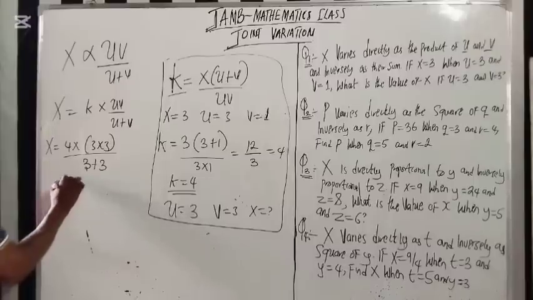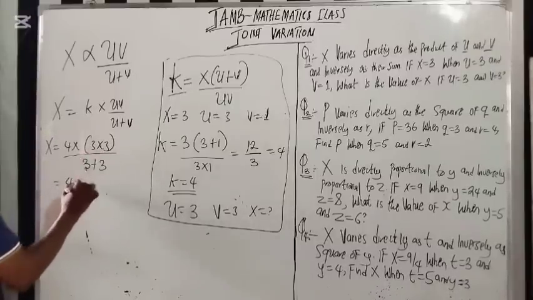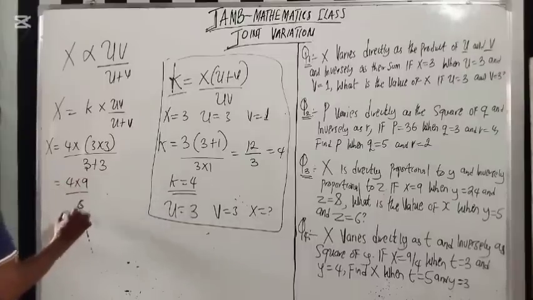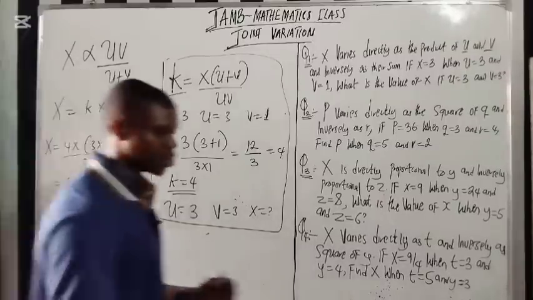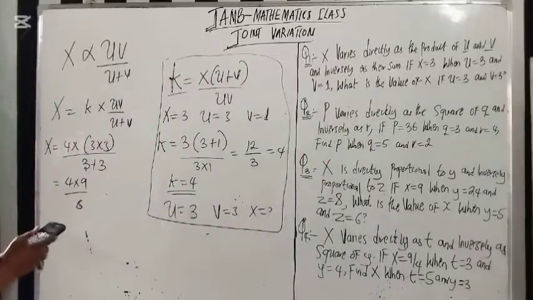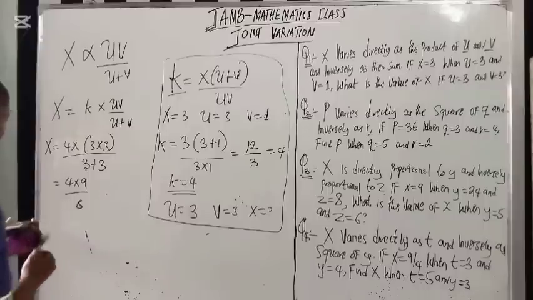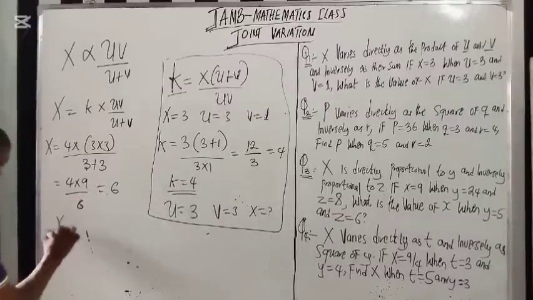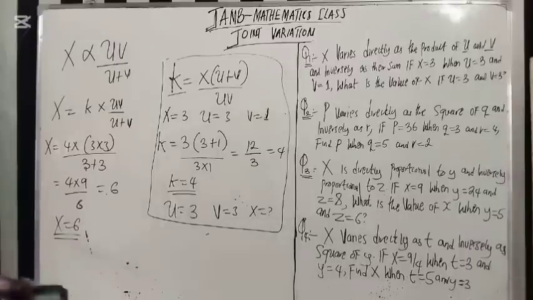So here we have 4 times 9 over 6. Now let's use our calculator at once. I don't have time. So here we have 4 times 9 divided by 6. The answer is 6. So my s is equal to 6. That is the answer.